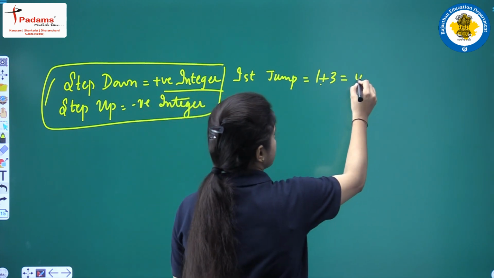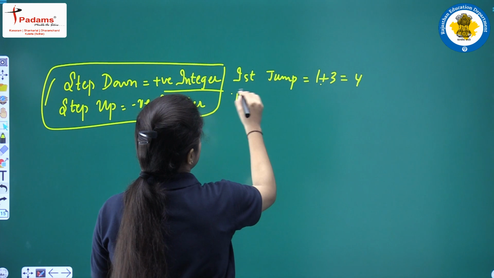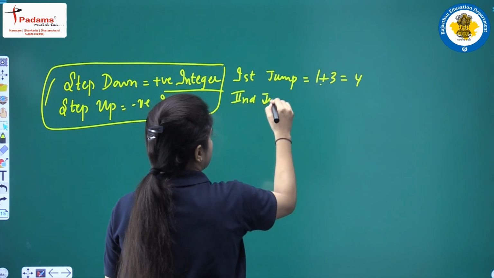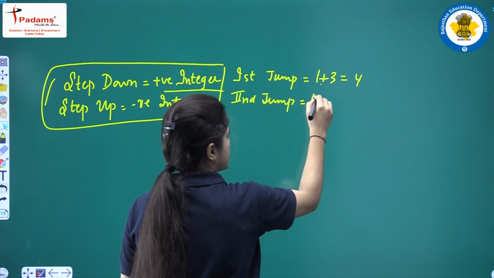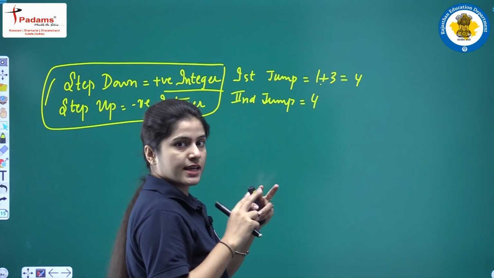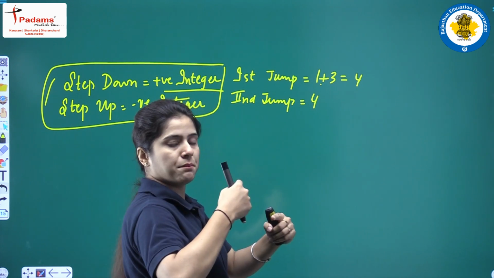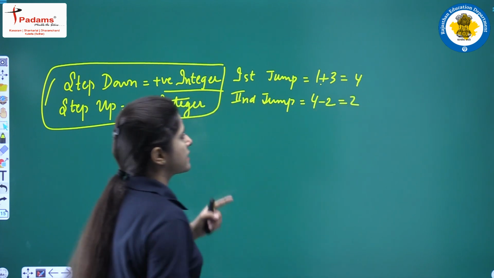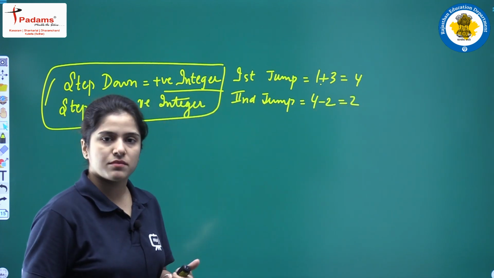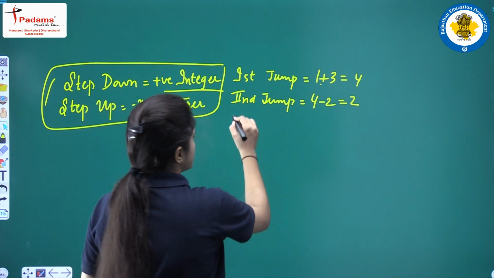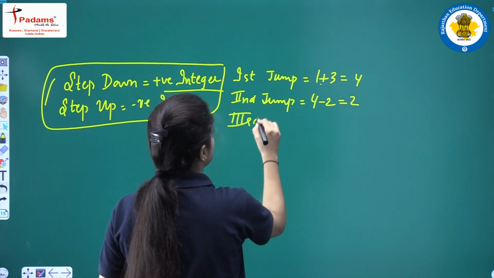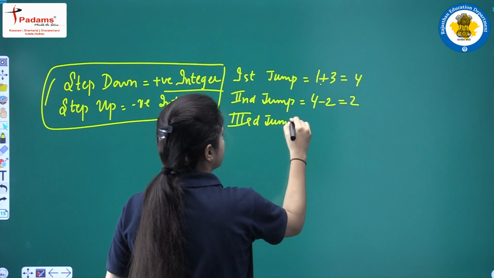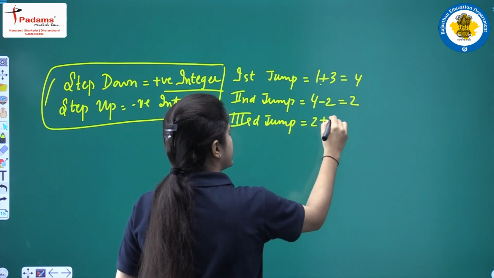Okay students. So in the second jump, now he is on the 4th step, and he will step up by 2 steps. So minus 2. Why minus? Because stepping up indicates a negative integer. Okay, so similarly the third jump, 2 plus 3 is equal to 5.